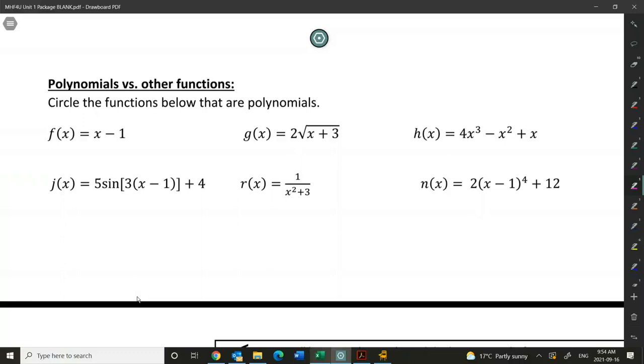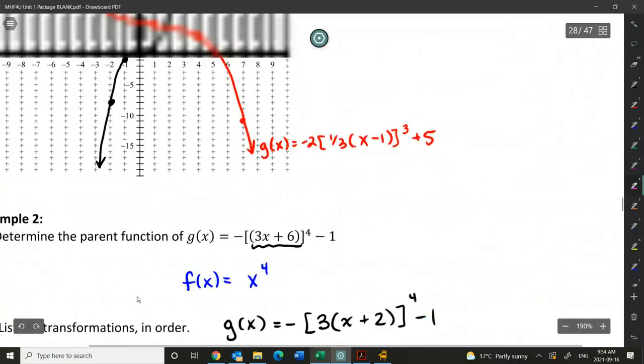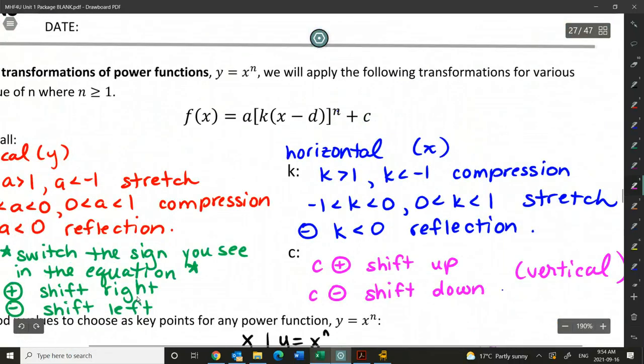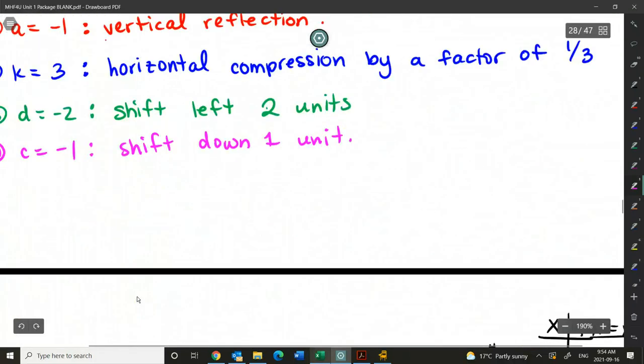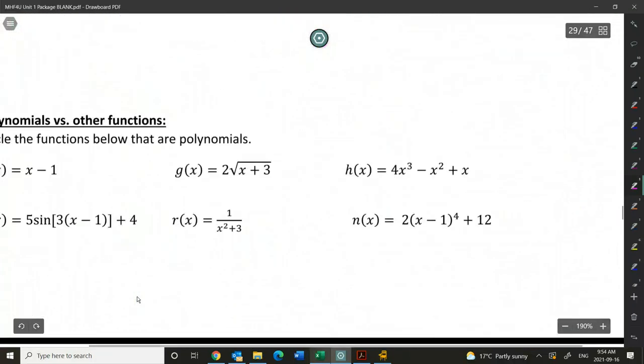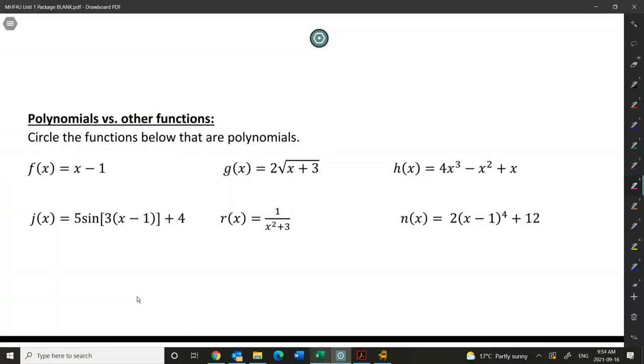We can also have polynomials in factored form, or even in the transformation form that we learned about in our lesson here. So they could be in this format, where we see the power function exponent and then transformations as well. I want you to put a check or circle on all of the ones in here that you believe to be polynomials.